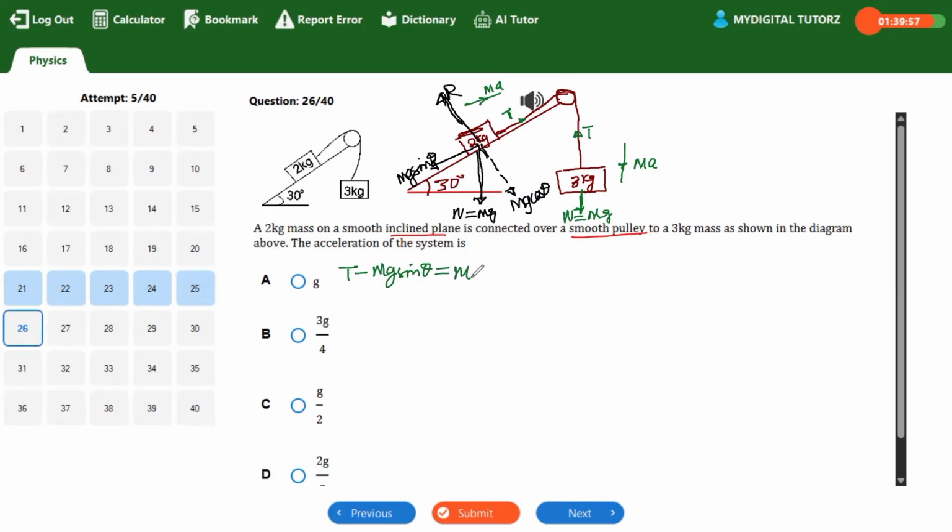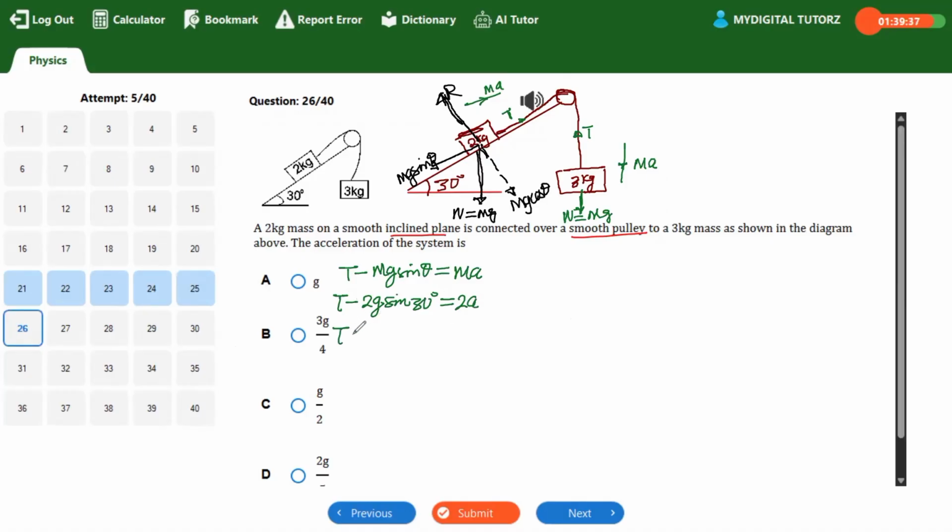That is mass times acceleration. So here we have T minus, the mass is 2. We have 2 multiplied by g. Remember, we are working in terms of g. Then sine 30 degrees equal to 2 times a. Sine 30 is 0.5.